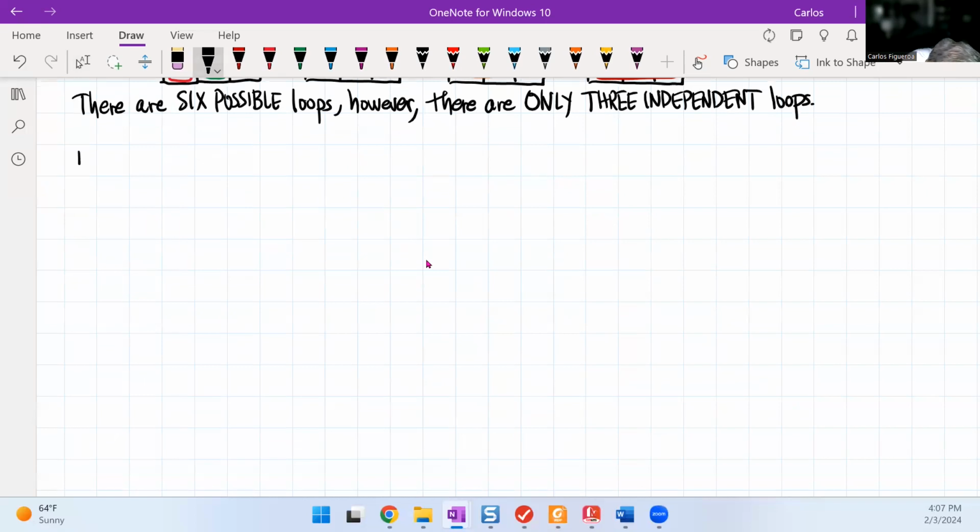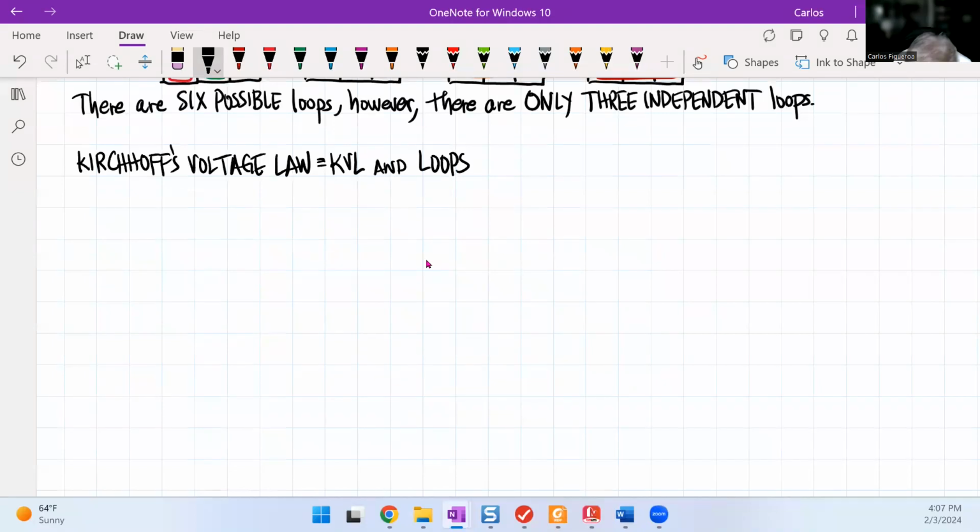Kirchhoff's voltage law, we lovingly call KVL, and this guy is about counting loops. What are the independent loops?